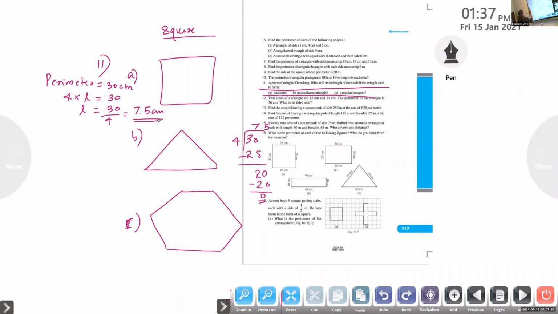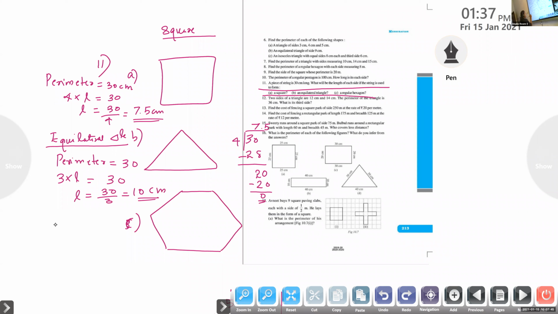Now B, equilateral triangle. What is the formula for its perimeter? Ma'am, 3 into L. So it is 3 into L equal to 30, so L equal to 30 by 3, which is 10 centimeter.